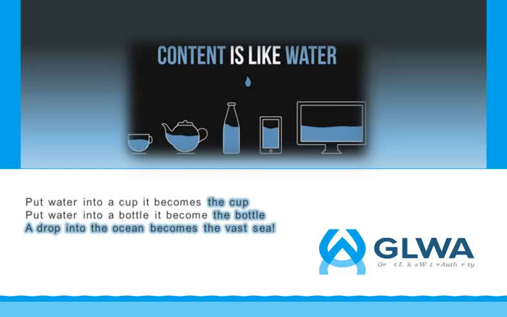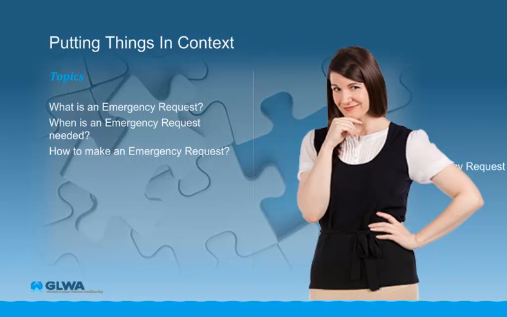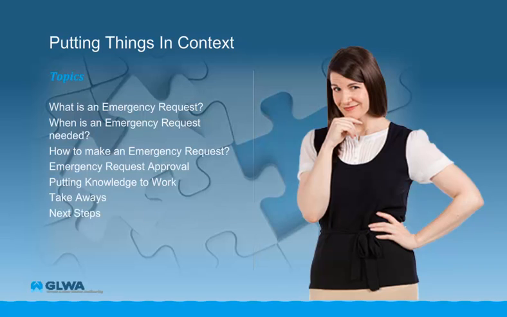The correct perspective is always valuable when learning or providing new information. In the sections that follow, we will put the elements of the emergency request guidelines into context. Having the appropriate context will help you to understand the concept. To help with context, we'll define what an emergency request is.